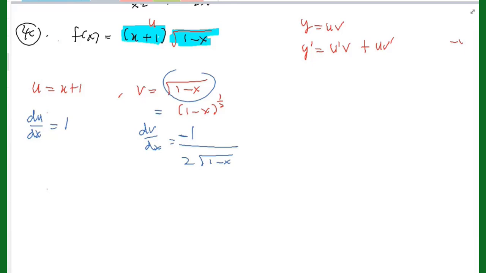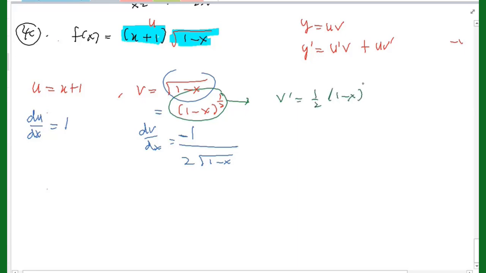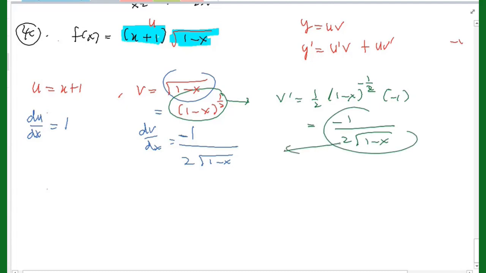So v prime is 1/2 (1 minus x) to the power negative 1/2 times negative 1, and simplify, and we get the same thing. It's up to you whether to do it this way or directly, but make sure you don't forget to differentiate inside the root.